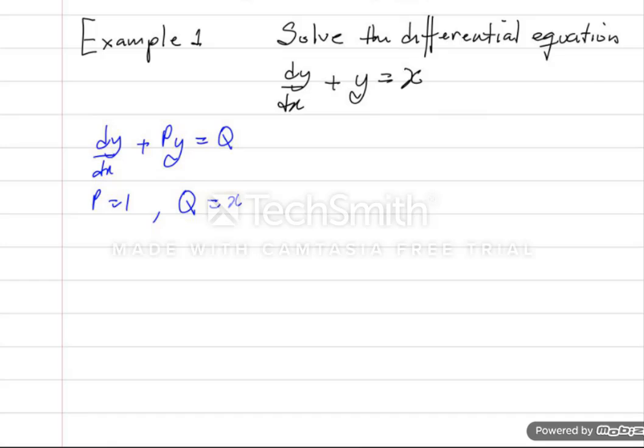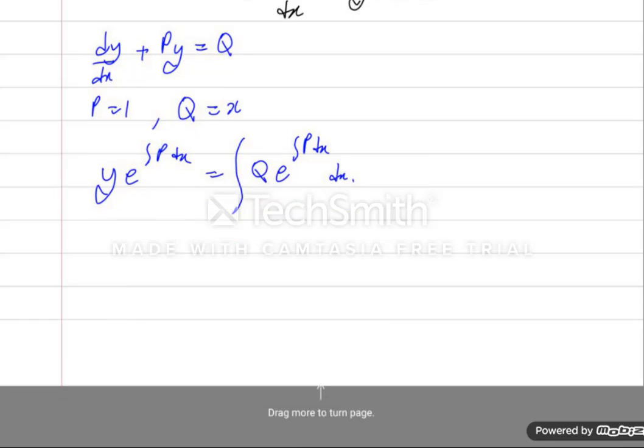But we already saw that if I multiply both sides by e to the integral of p dx, and then integrate both sides, I'm going to get y e to the integral of p dx equal to the integral of q e to the integral of p dx, with respect to x. That's my solution. So let's put it in.